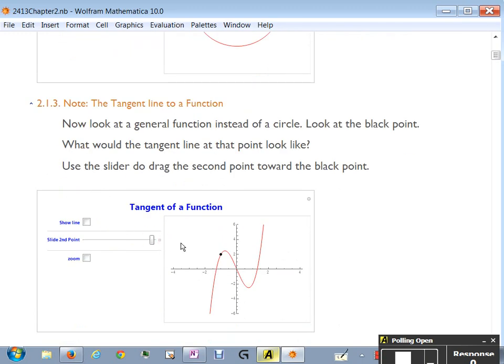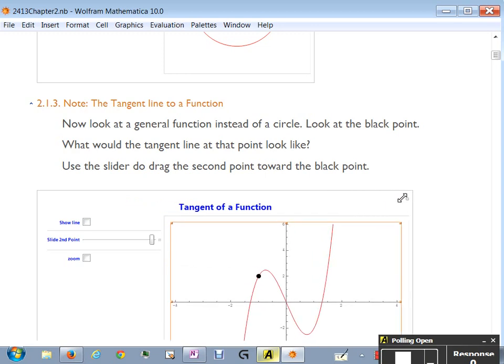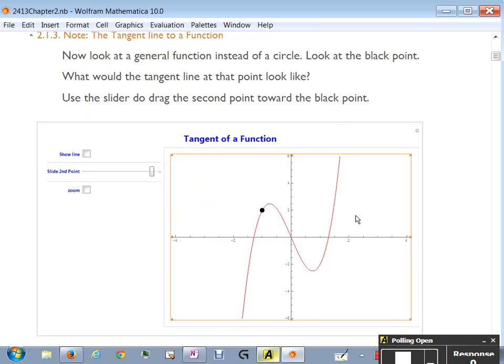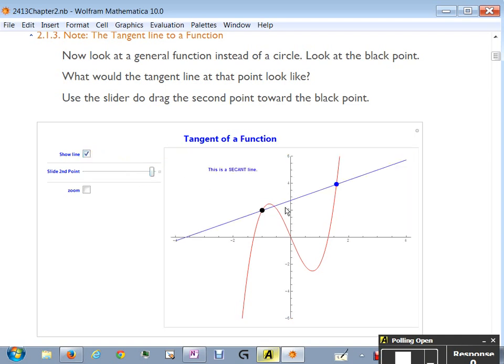What we're going to do is extend that idea to a function. So instead of using a circle, we're going to use a graph and still try to come up with this idea of a tangent line. We will have 2 points on the curve. If I connect them with a line, we would call this a secant line, just like we did on the circle.